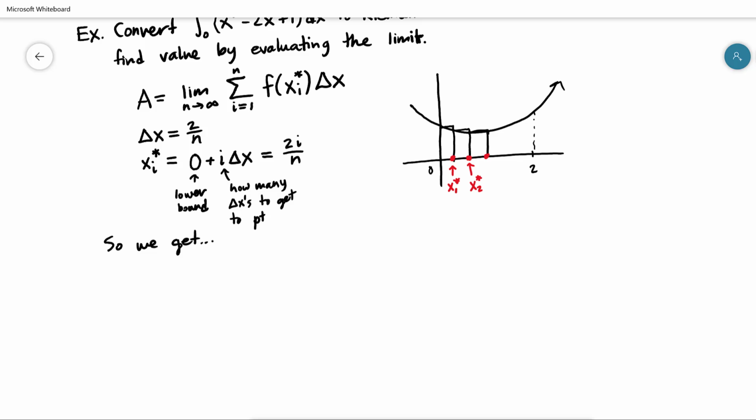Our limit for our area, which is the same as that integral that we're looking for, is the limit as n goes to infinity of the sum from i equals 1 to n of the following. I just need to evaluate f of x sub i star. And here's my x sub i star right here.